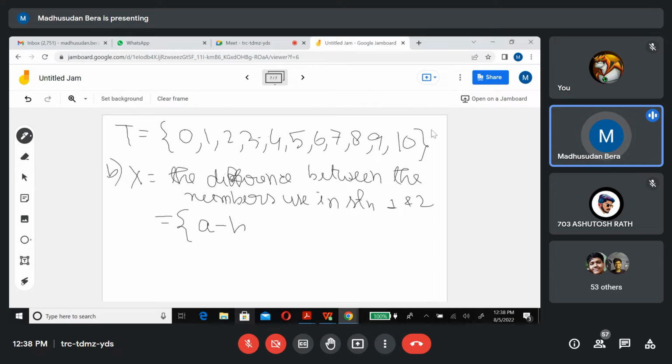So the difference is A minus B, such that A belongs to A, B belongs to B.